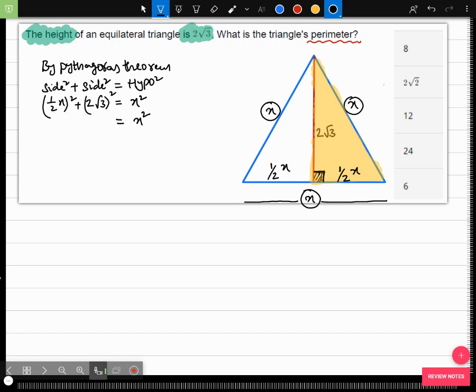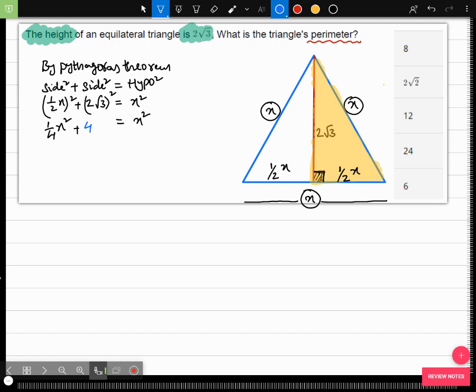Half X squared actually is 1 over 2 squared, so 1 over 2 times 1 over 2. That gives me 1 over 4 X squared. So 1/4 X squared plus, here, 2 root 3 squared means 2 squared times root 3 squared. 2 squared gives me 4.